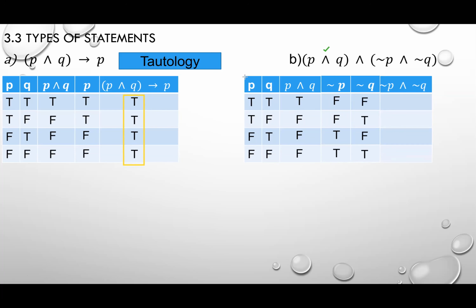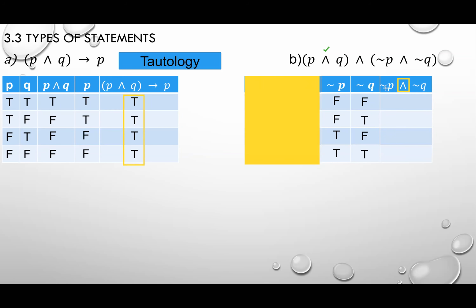And remember, for those of you who missed last time, whatever the connector we have, in this case, this is my connector, we only look at two columns at most. So the two columns I'm looking at are my negation of P and negation of Q. If I look at these two columns, do you agree that for my and statement, as long as I see a false, the result is false?